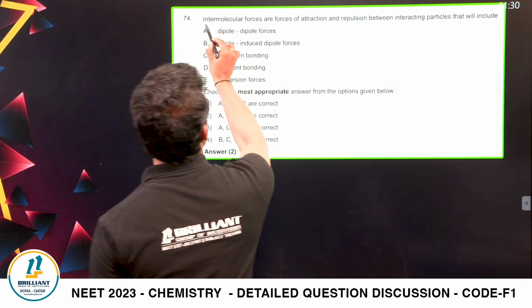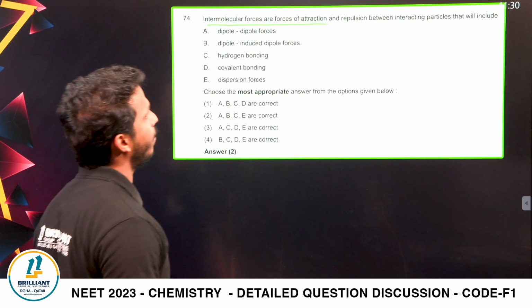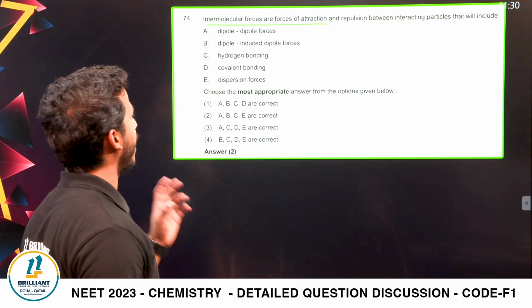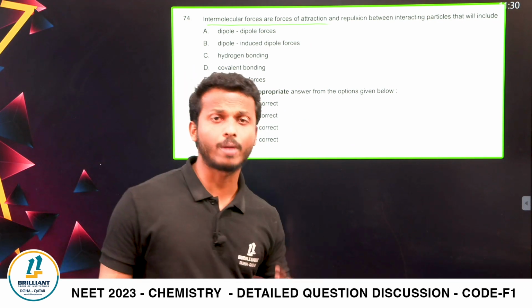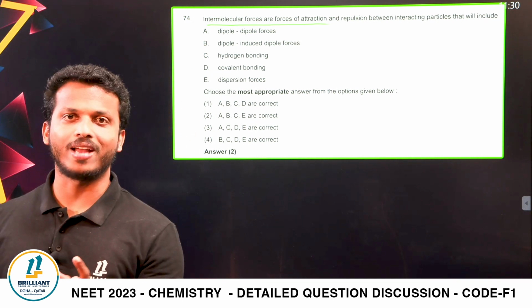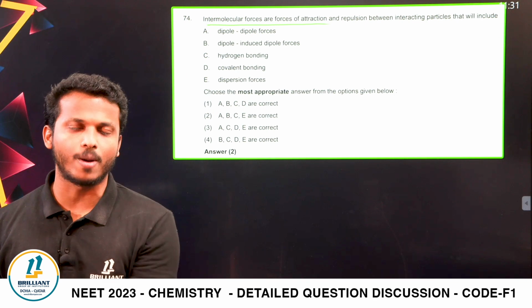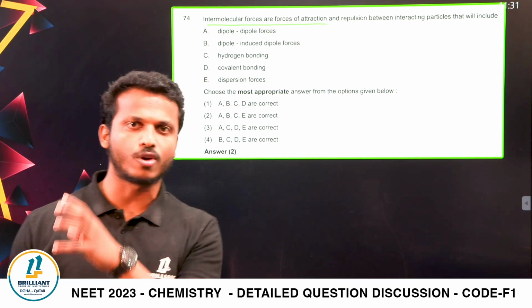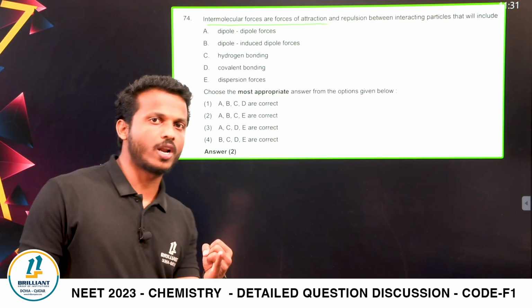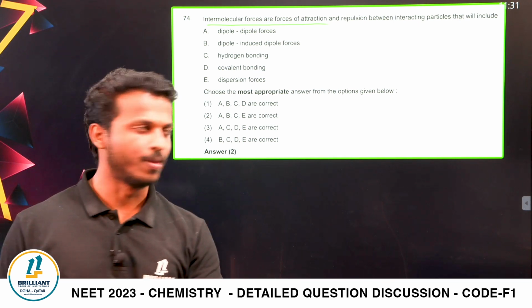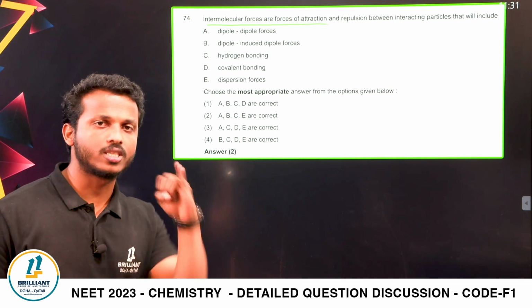Intermolecular forces are forces of attraction and repulsion between interacting particles that will include... From the chapter states of matter, the second question, from the beginning part there are intermolecular forces of attraction, which include van der Waals force, hydrogen bond, etc. Which all are the van der Waals forces?